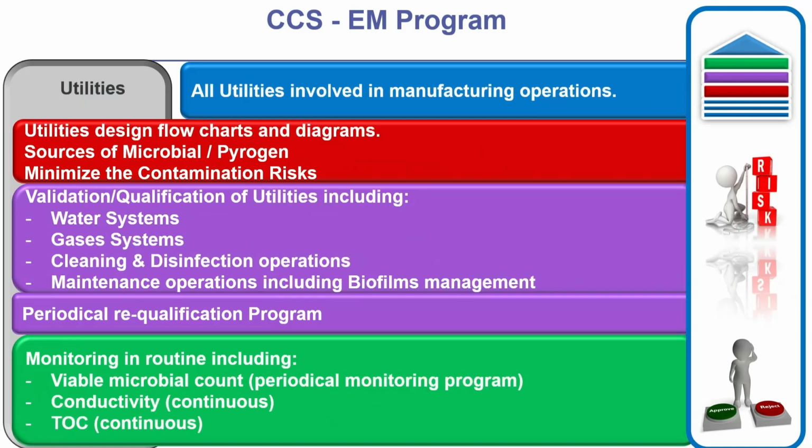The environmental monitoring program for utilities will follow the same approach, dependent on the systems, such as water and gases. For the routine monitoring, some periodical tests should be performed, such as viable microbial counts, and for water, some tests should be continuously done, including conductivity and total organic carbon.